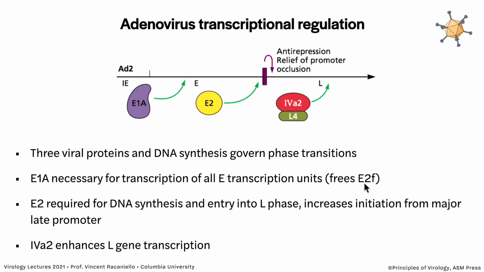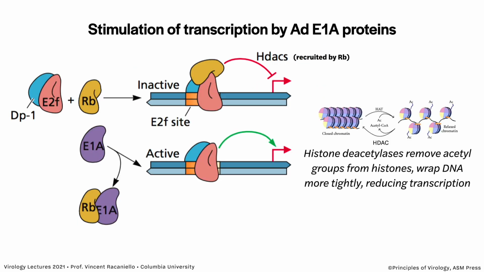E2F is a family of cellular transcription proteins that are required for transcription of the early genes. In fact, what E1A does is free those up, because normally they're bound up in the cell. So here are the E2F transcription proteins that adenovirus DNA requires to make early genes.